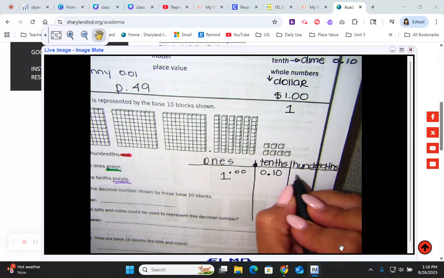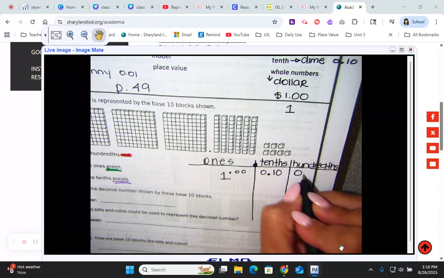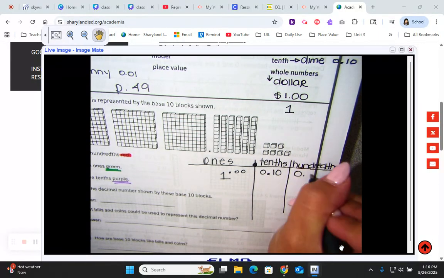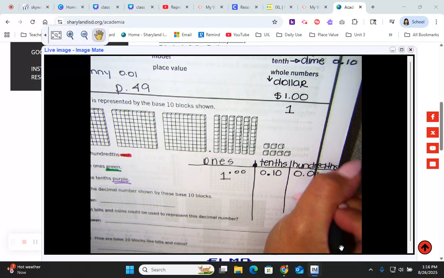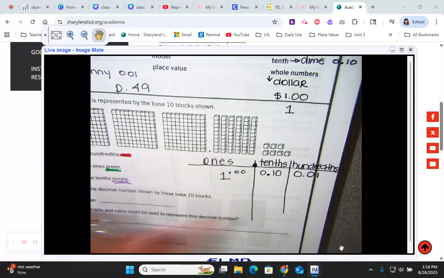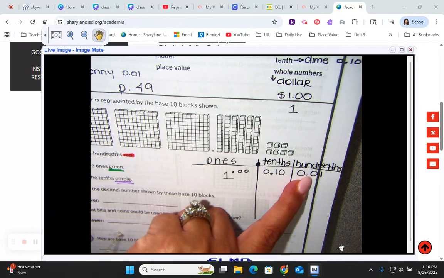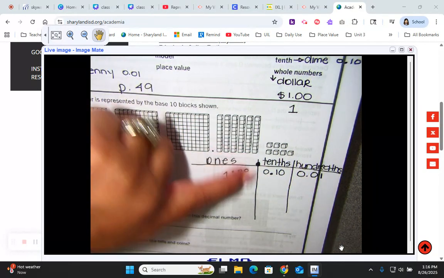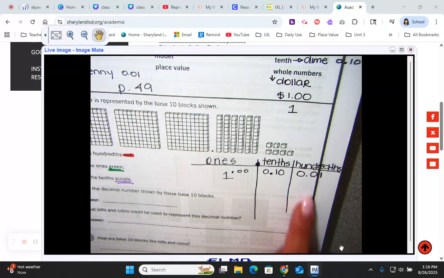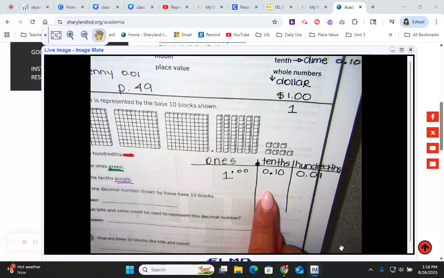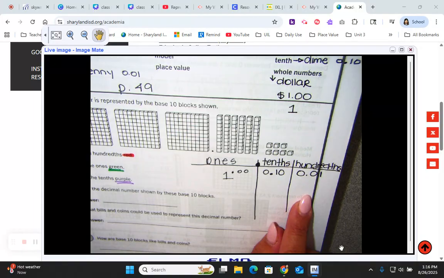With numbers, this is represented as 0 because there's no whole numbers, 0 because there's no tenths, and 1 in the hundredths. You see, guys, this decimal point represents this decimal point. 1.00, that's one whole number. 0.10, I have 1 in the tenths. 0.01, that means it's a hundredth.